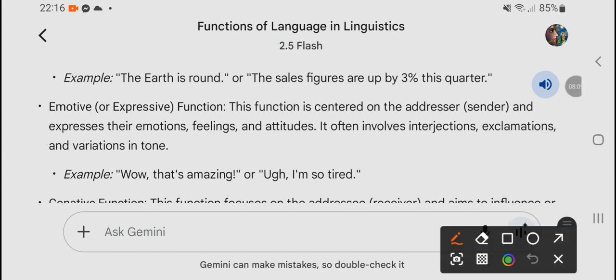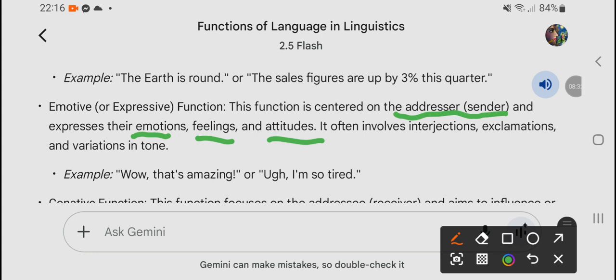Suppose I am sharing something with you, so that second function is focused on the addresser. I am the addresser, or sender, and I am expressing my emotions, feelings and attitudes through language.